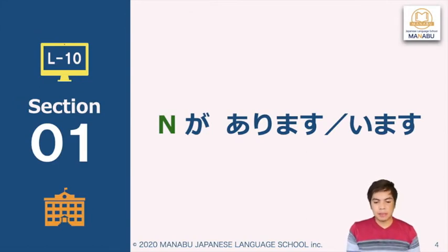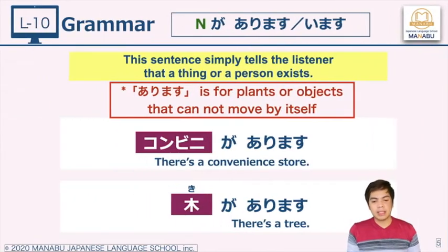So the difference between arimasu and imasu is that arimasu is for plants, objects that cannot move by itself. This sentence simply tells the listener that a thing or a person exists. So in this first example, konbini ga arimasu, we will follow the pattern noun ga arimasu.